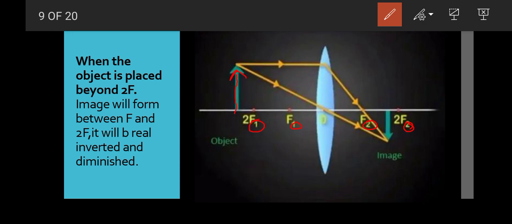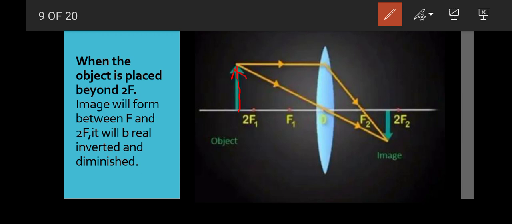We just have to draw 3 principal rays according to the rules and we get the image formed, and from that image we can tell its nature, size and orientation. So here the object is placed beyond 2F.